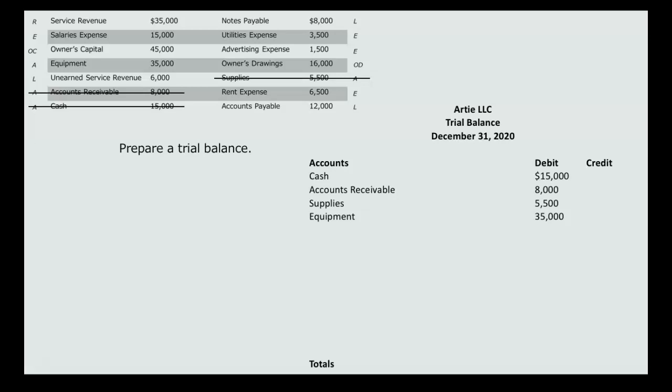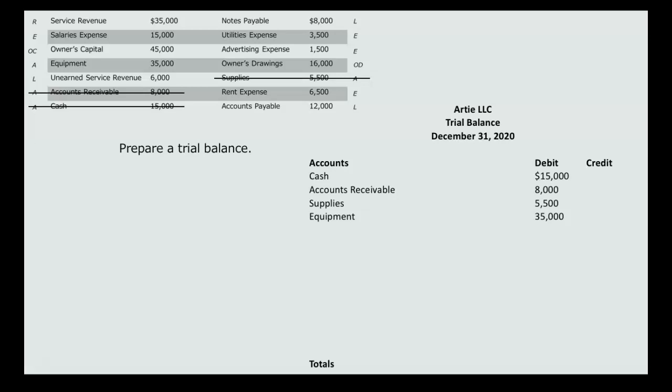On a trial balance, we list them in the order of the expanded accounting equation, but we do not separate or label the different categories of accounts. So right after you list out your equipment, then you're going to have to list out your liabilities.